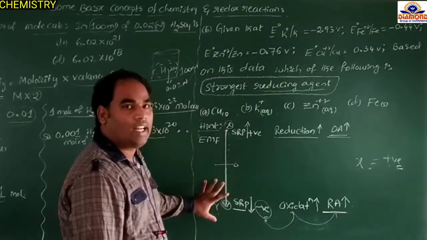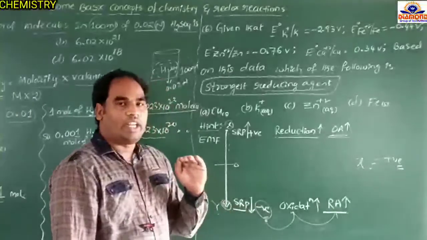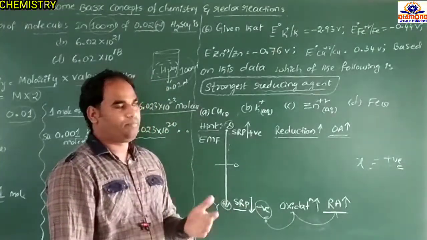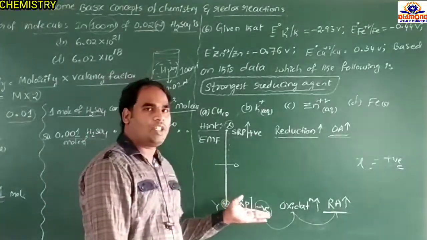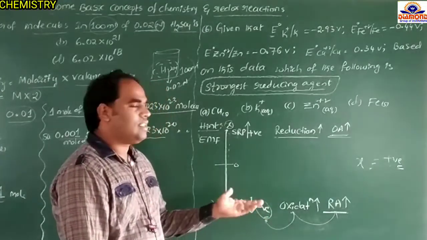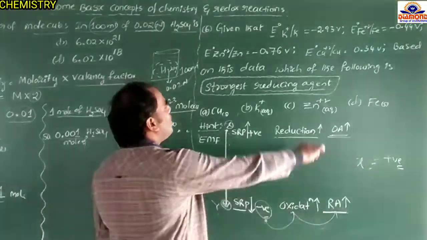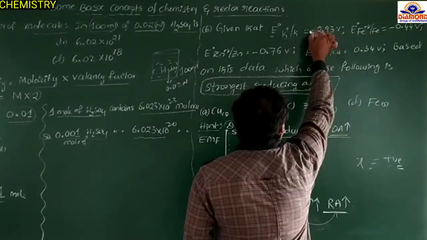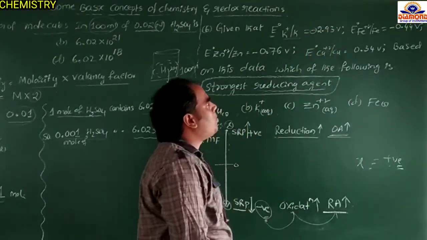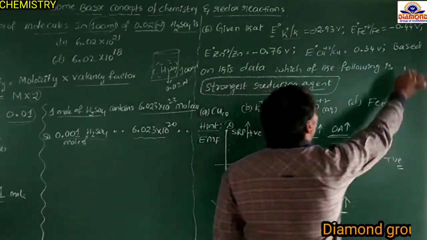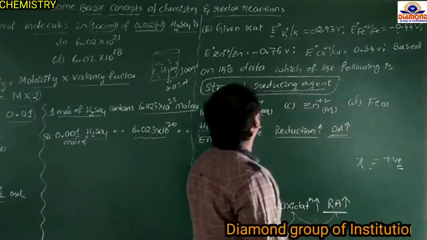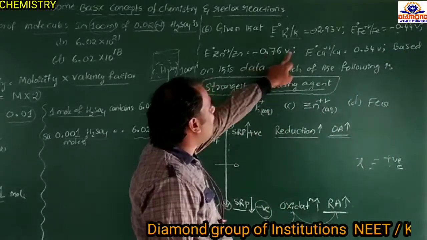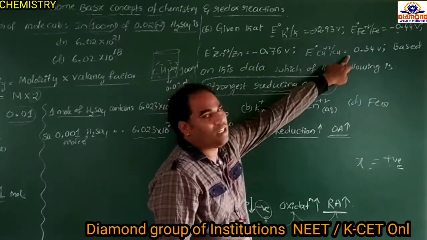So what is the final conclusion here? If the standard reduction potential value is very low, then it acts as a reducing agent. Here K plus by K has the negative value minus 2.93, then minus 0.44, minus 0.76, and copper has a positive value.